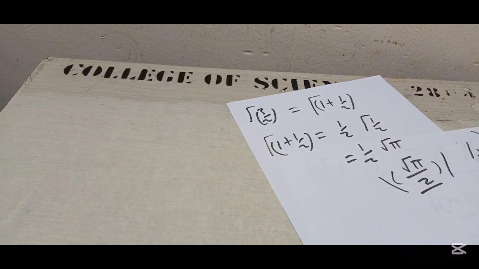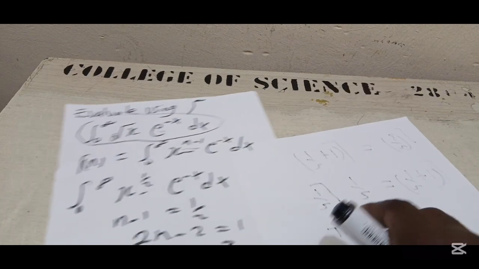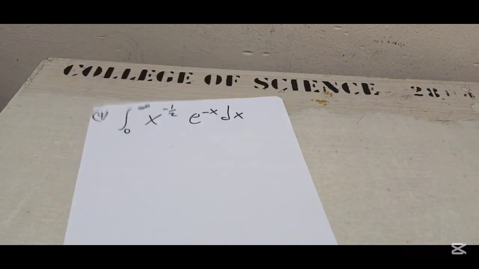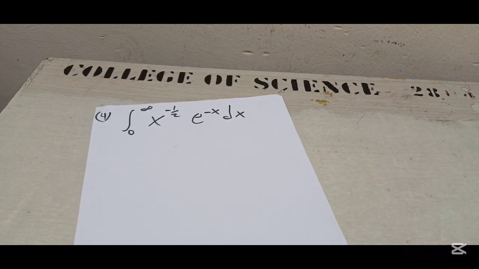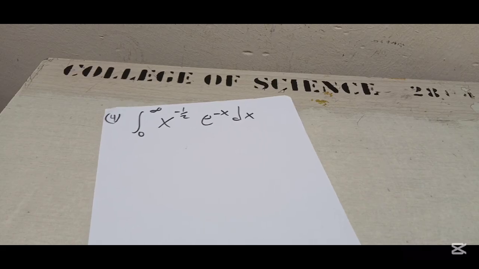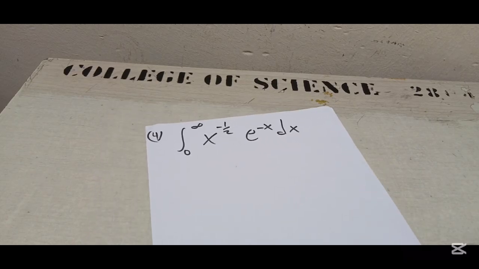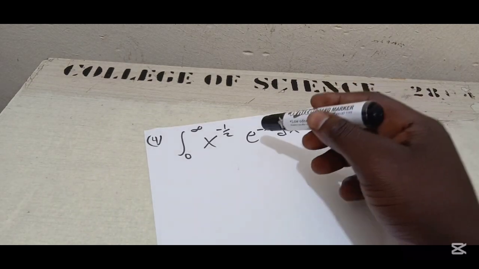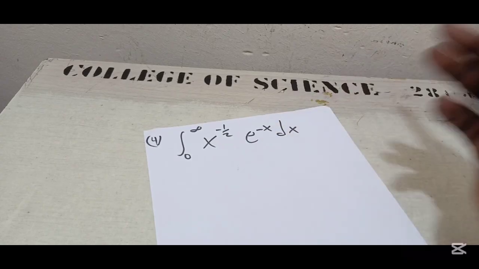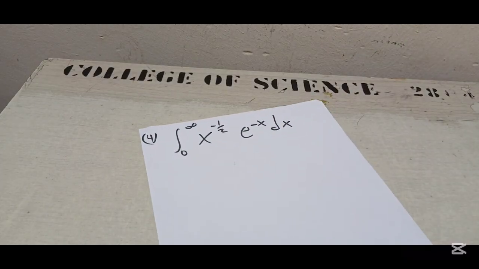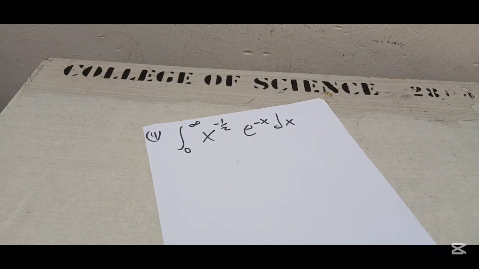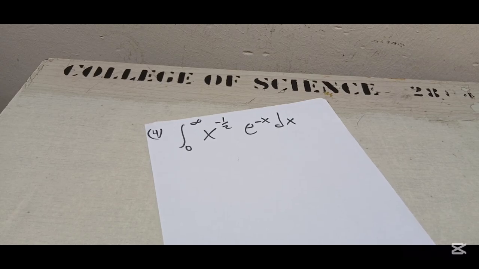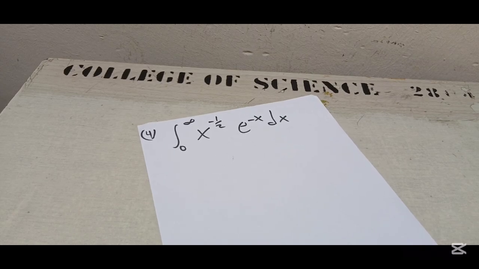So let's look at our last example under this form of problem, and in the next video we'll deal with cases where the power of e is not minus x. Then we use the substitution idea to solve those problems.